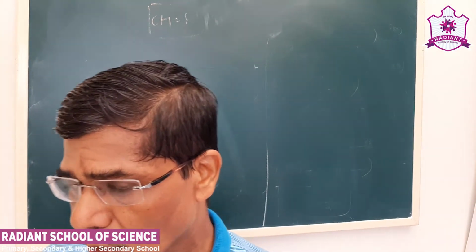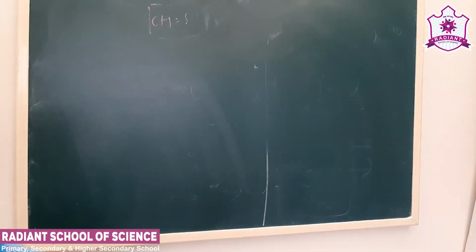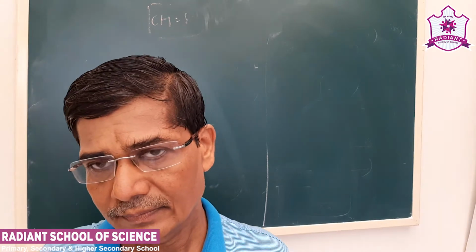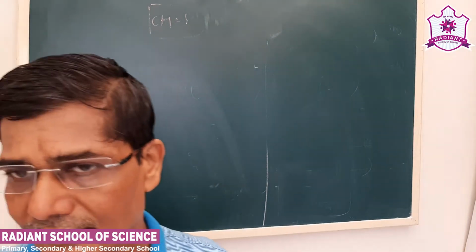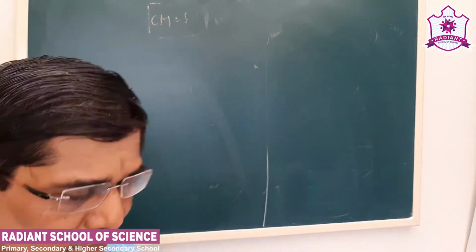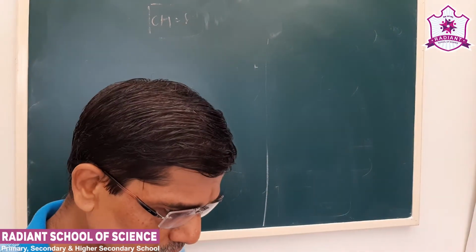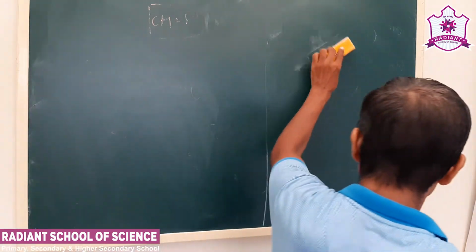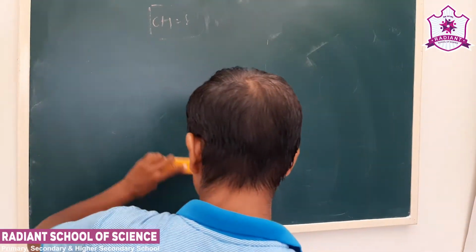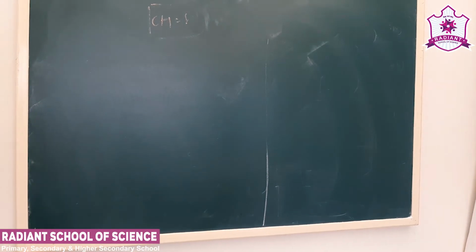Then we saw the x versus t graph, then the v versus t graph, and the important property of the velocity time graph, that the area of the velocity time graph gives the displacement. Next we have to see about uniformly accelerated motion, or motion with a constant acceleration.